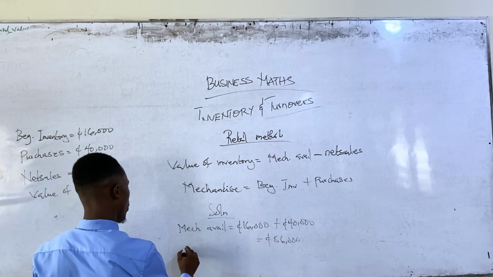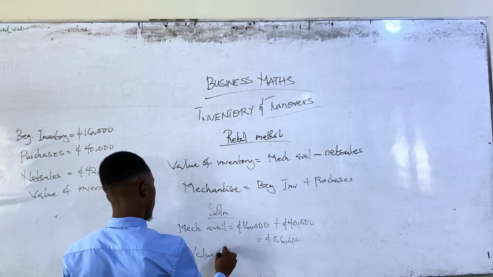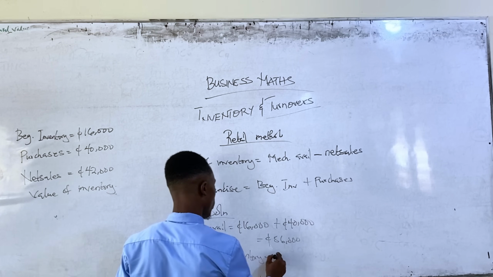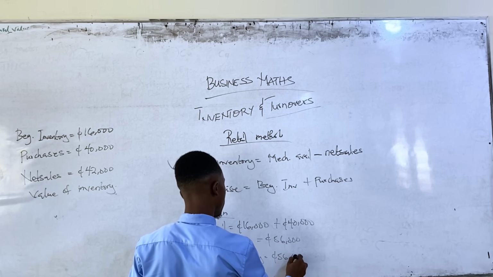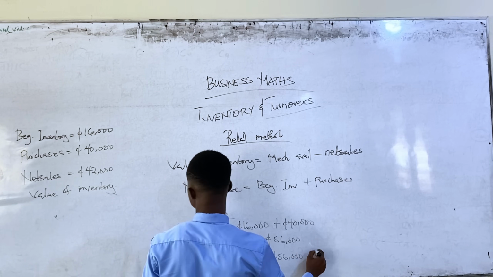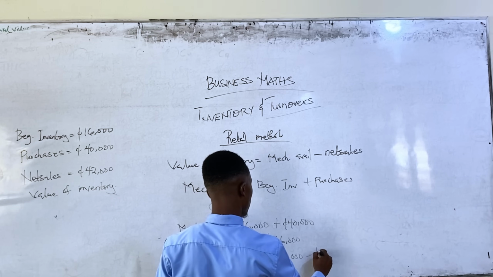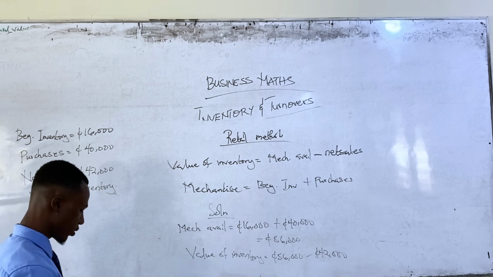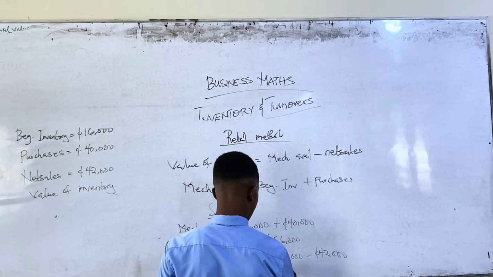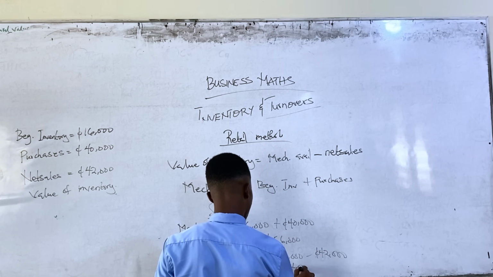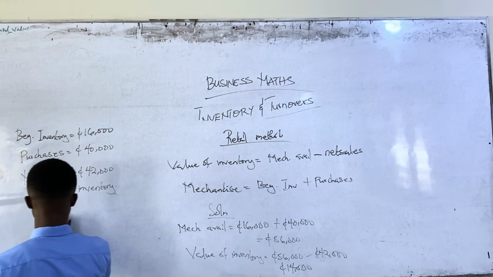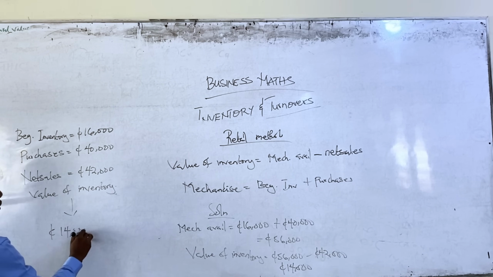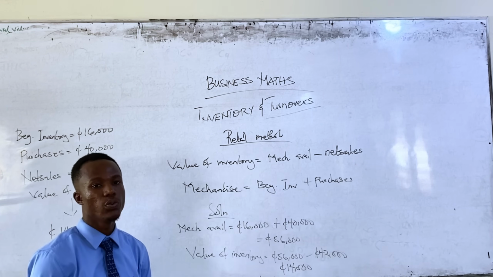So here your value of inventory is equal to your merchandise available for sale 56,000 minus your net sales, which was given as 42,000. Okay, so when you solve for it, you are going to get 14,000 as your final answer. So our value of inventory is 14,000. Okay, so this is the retail method.